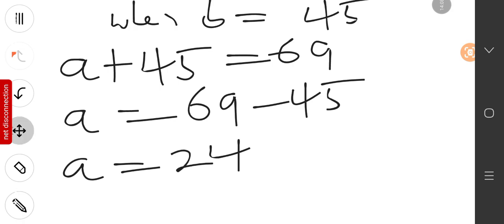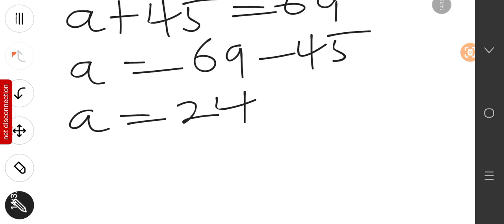So you have a being 24. So this is a1 being 24. Now you can use the other value for b to find a2. But remember, we are looking for a and you're looking for b. So when a is 24, b is going to be 45, and when b is 45, a is going to be 24. I hope you get it.